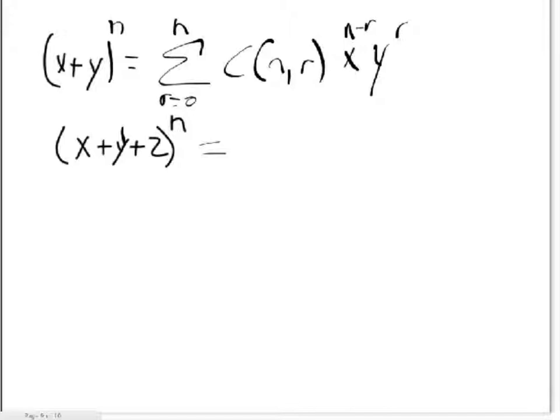So from this we can group the x and the y together and make them act as one element.